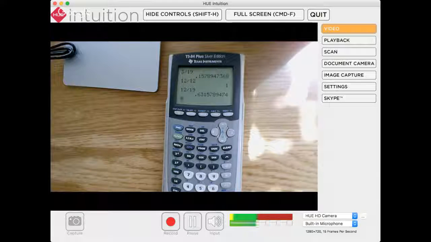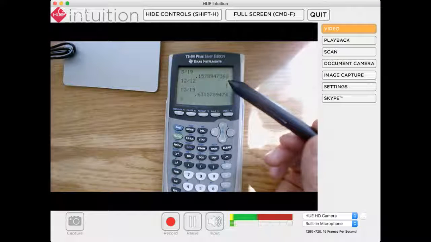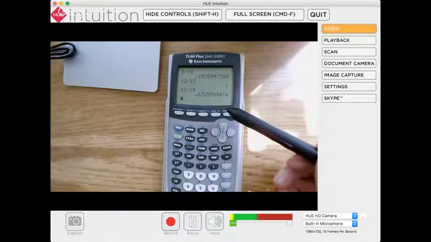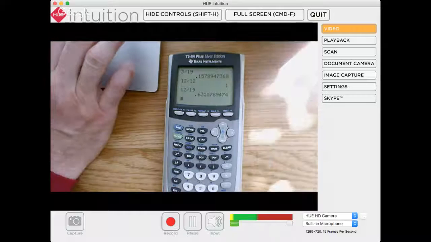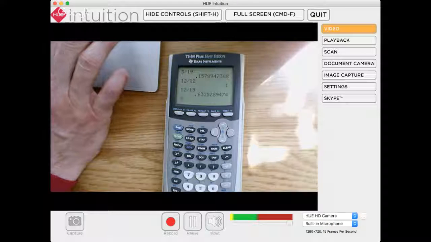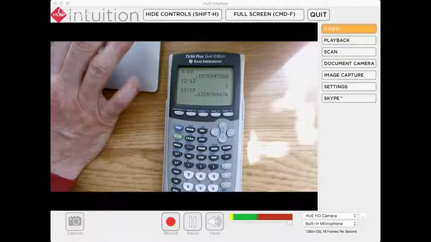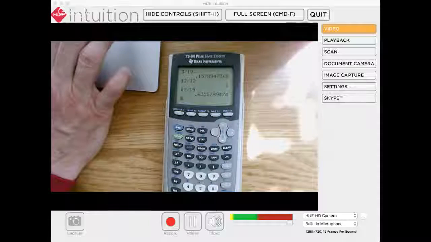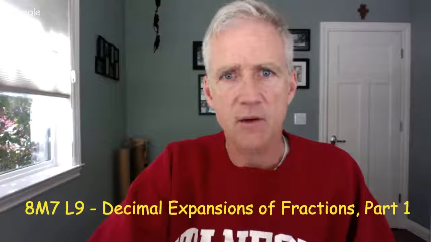So let's write down those two numbers: 0.15789 and 0.631578. And now we're going to come back and see if our numbers were right. There we go, back to our window, and we find out that yes, our numbers were right.